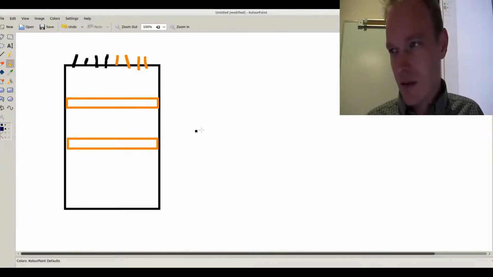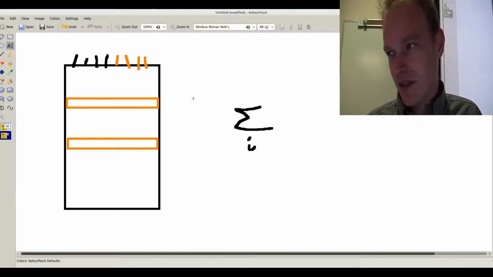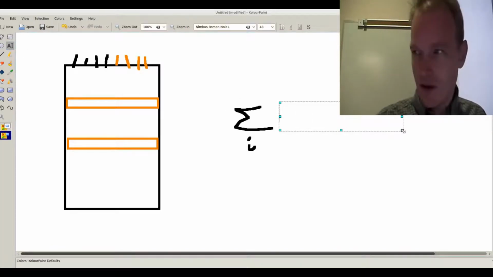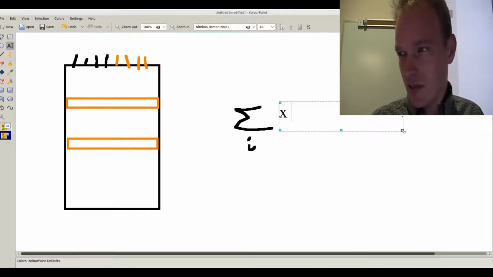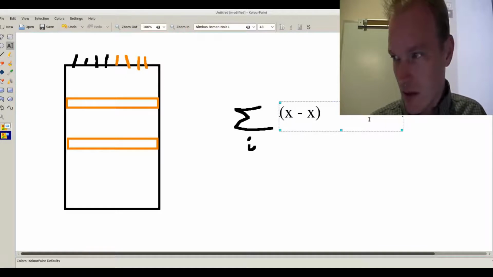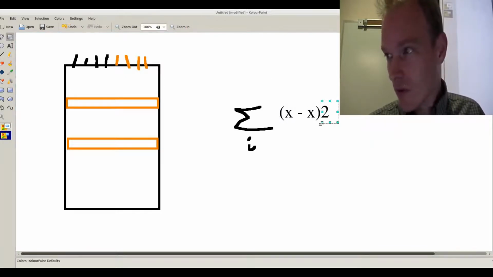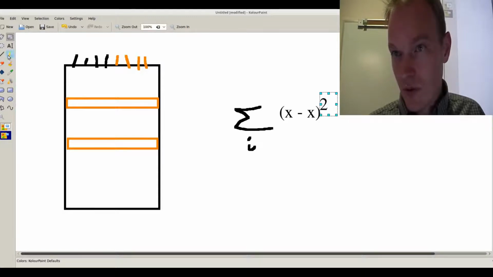It's the sum over i of x minus x squared, and then we need to square root the whole thing.